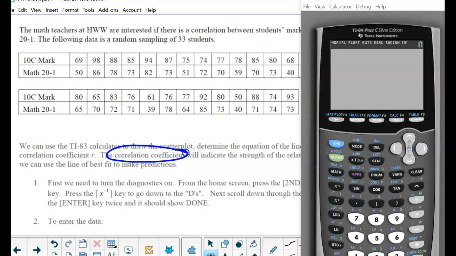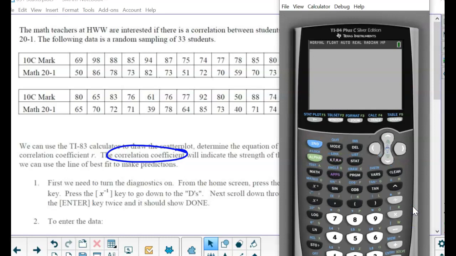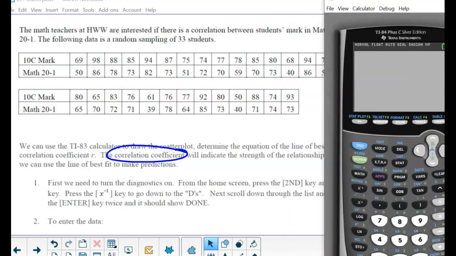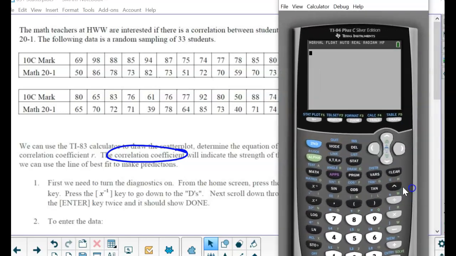If we want it to do it, we have to tell the calculator. It's not automatic. So we have to find it in our calculator. So what it says is from the home screen, press the second key and then press the catalog key. So second key and then catalog is down here at 0.